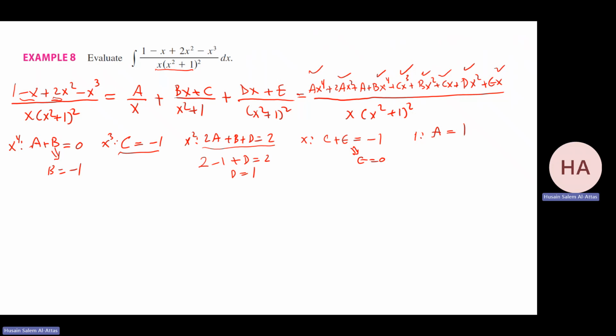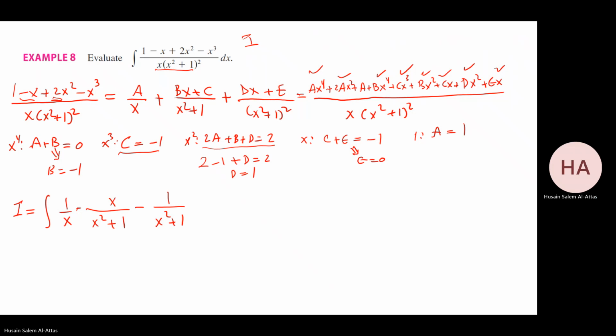Yeah, so let me call it I. I will be the integral. A is 1 over x. I have c is -1 and b is -1. So let me split it: minus x over x squared plus 1, minus -1 over x squared plus 1.